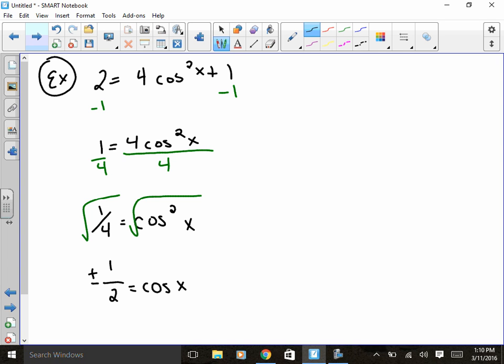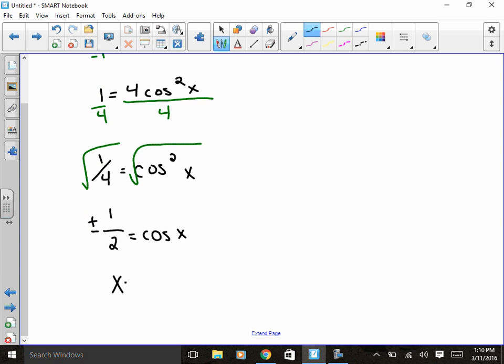I can see, based on the unit circle, it's the x on the left, there are 4 different options. Pi over 3, 2 pi over 3, 4 pi over 3, and last but not least, I have written down 5 pi over 3, but I want to double check that. It is in fact 5 pi over 3.